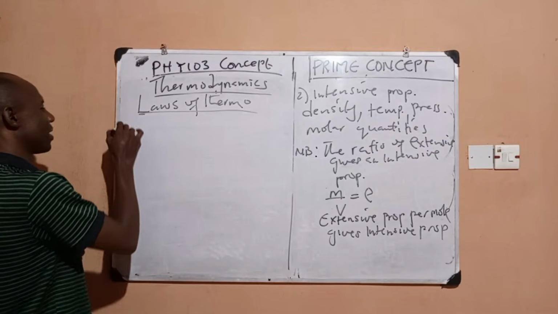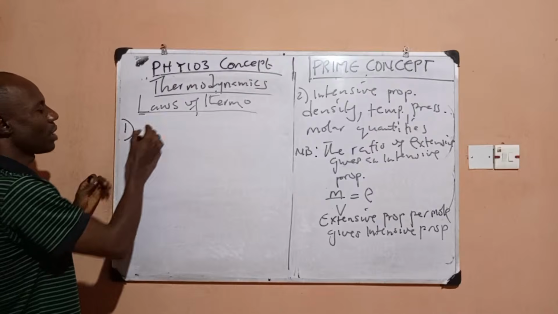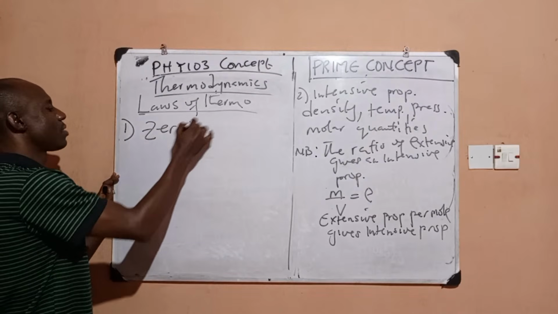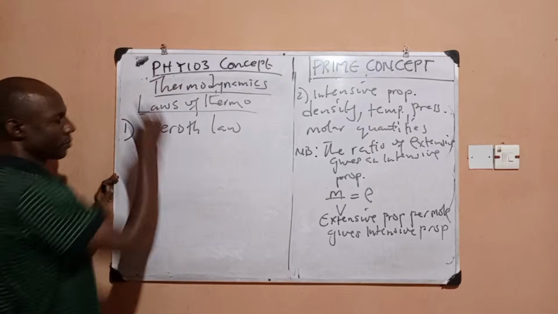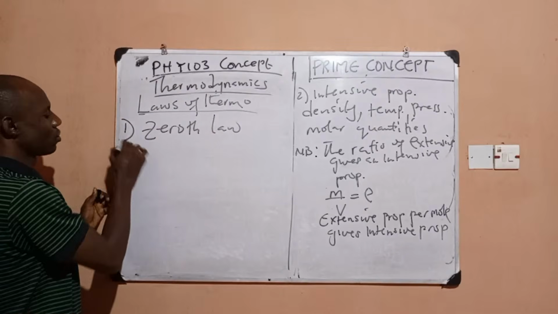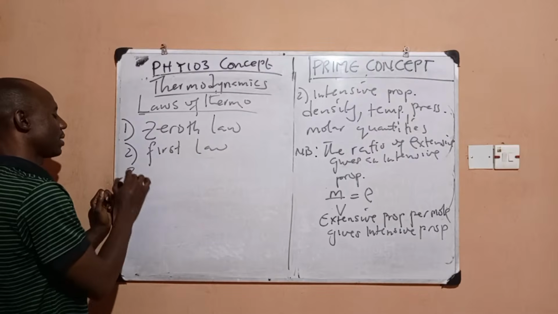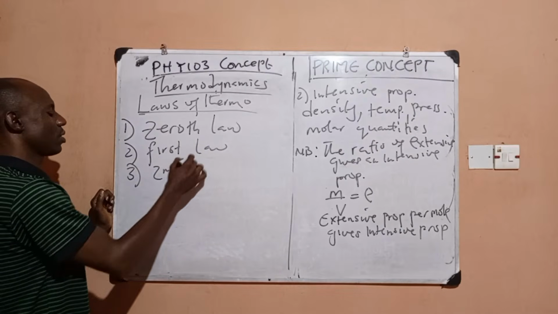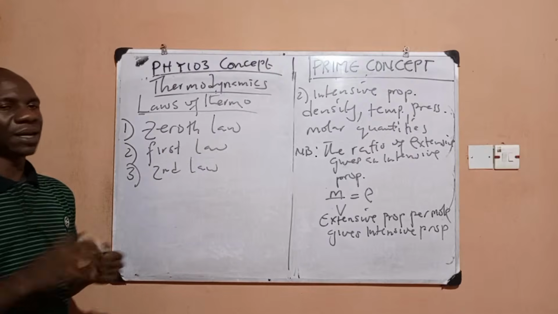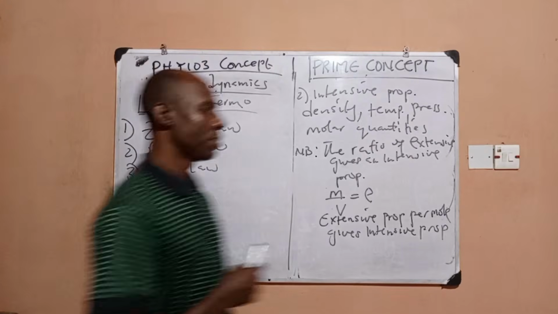So laws of thermodynamics, we have three. Number one is what we call zeroth law. Number two is what we call first law. Number three is what we call second law. So these are the laws you have of thermodynamics. Let me refill my marker.